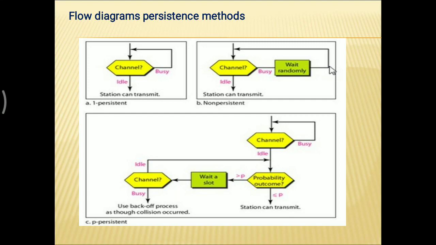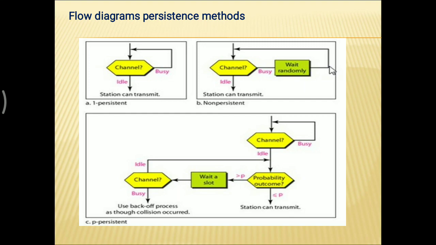Next is the p-persistent method. Initially it continuously tests like the one-persistent method, that is, it verifies whether the station is free or not, continuously up to certain time intervals.